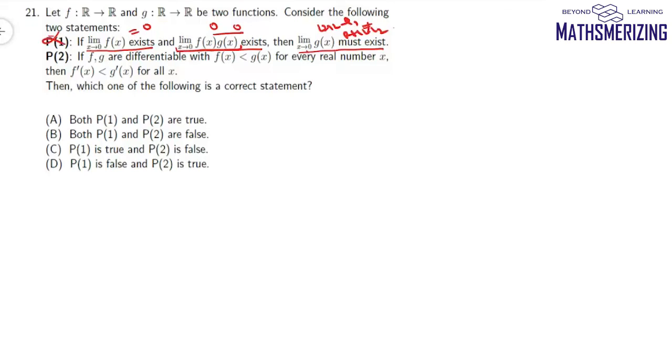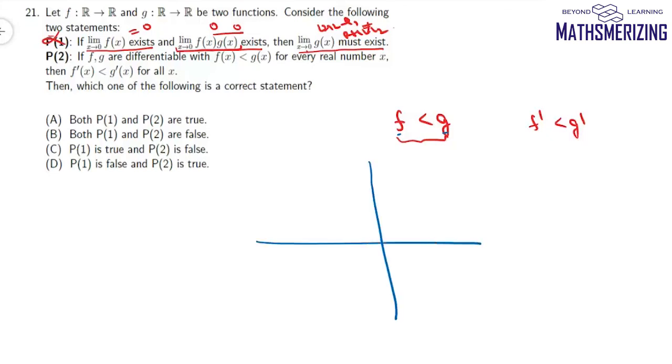Now second condition, it says if f and g are differentiable with f is less than g, then f dash is less than g dash for all x. So this again may not be true. So we need two functions such that f should lie below g. So I'll consider two functions.